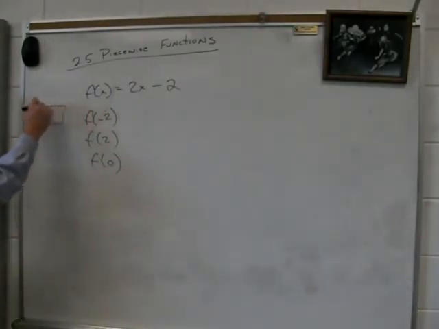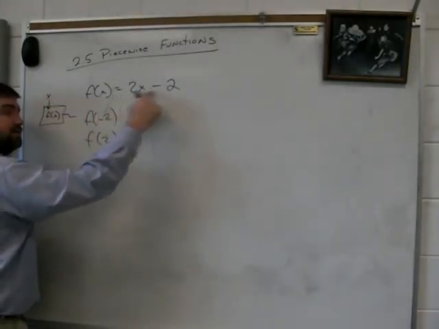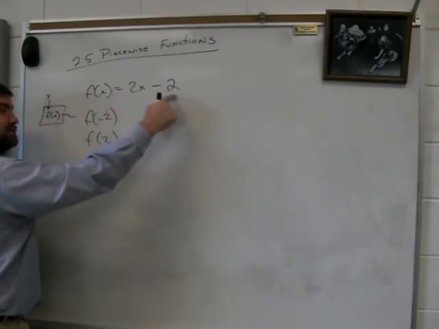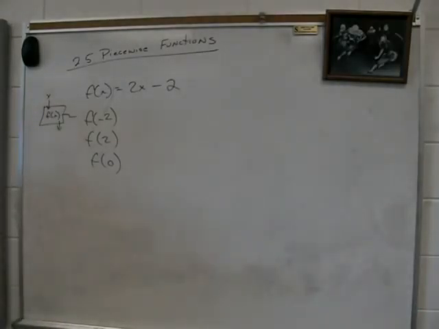This goes back to the function box. I won't make you redraw it, but if you remember, the function box looked like this, right? You dropped in an x, and you turn the crank. This is the crank, right? This is the stuff that can change, 2x minus 2, and out comes a what? A y. Very good. A y comes out.